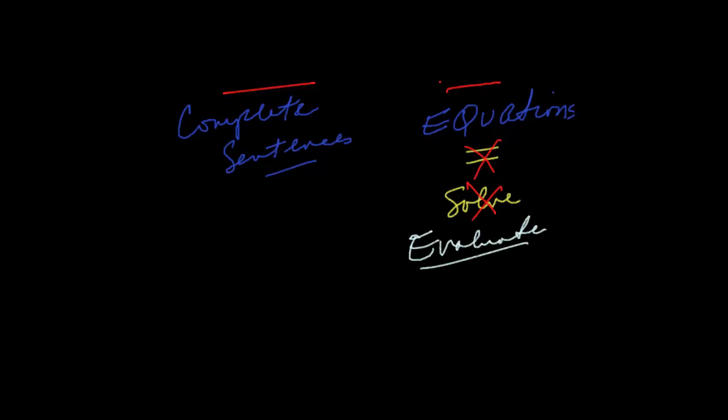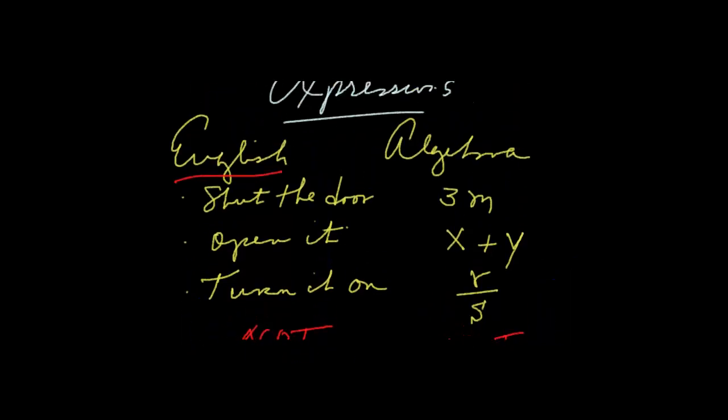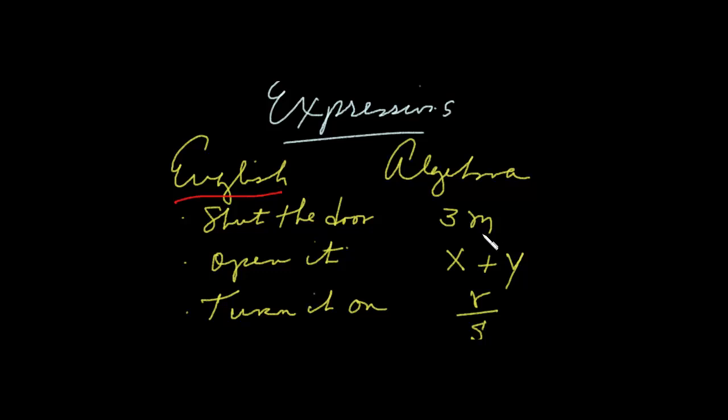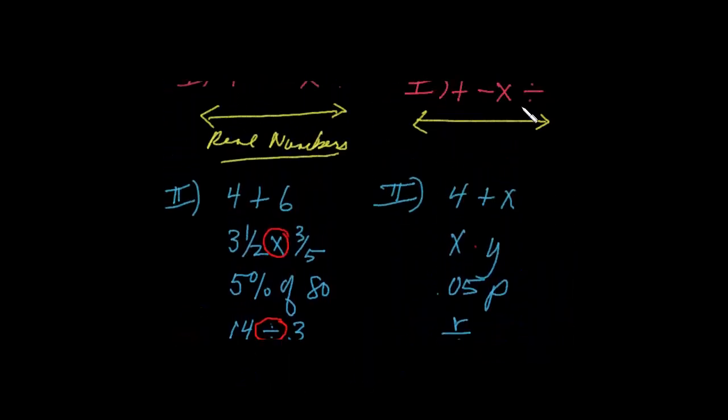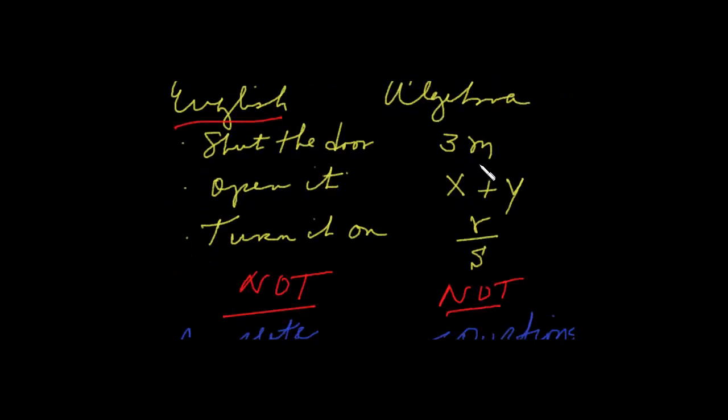In order to evaluate the expression, remember that these variables take on various values, and those values are generated from the number line. So all the real numbers, you have your 0, positive, negative integers, fractions, decimals, percents, any number from our real number system can be used to represent one of these variables.